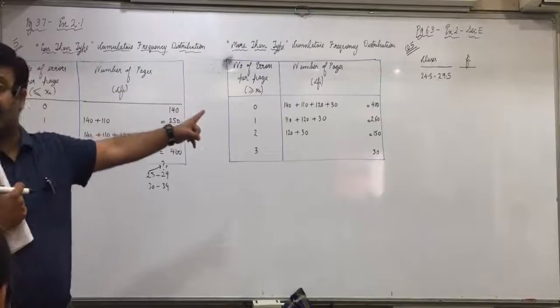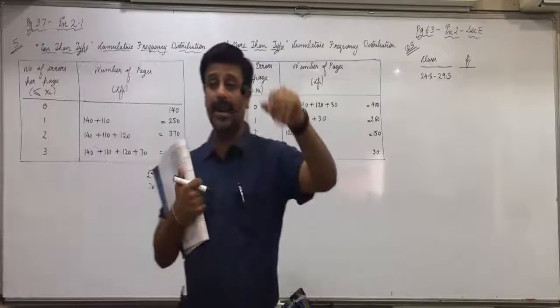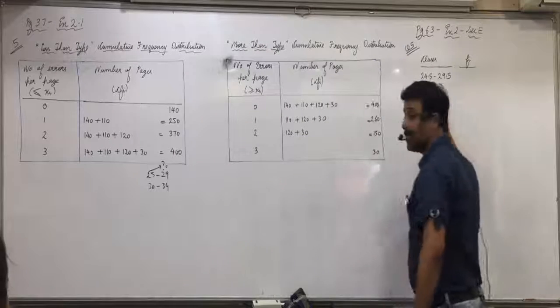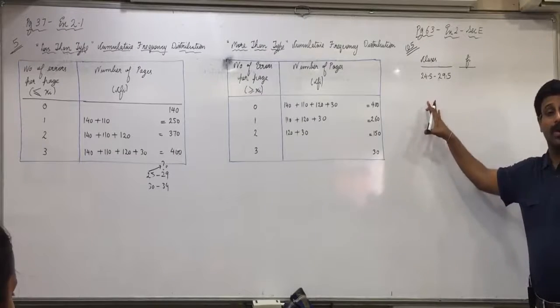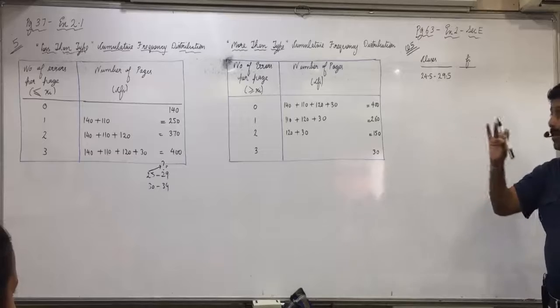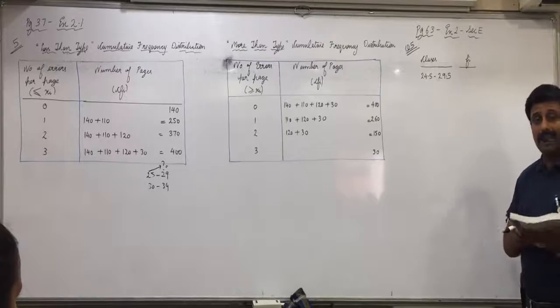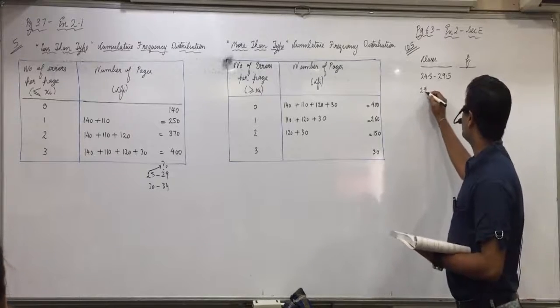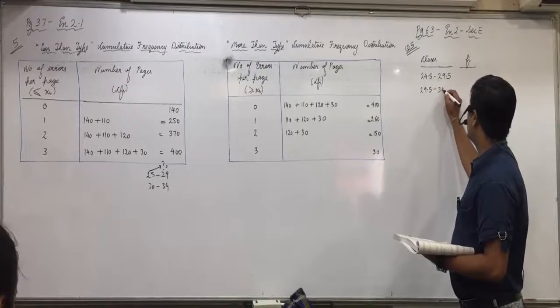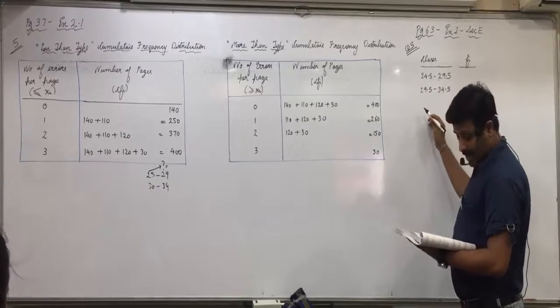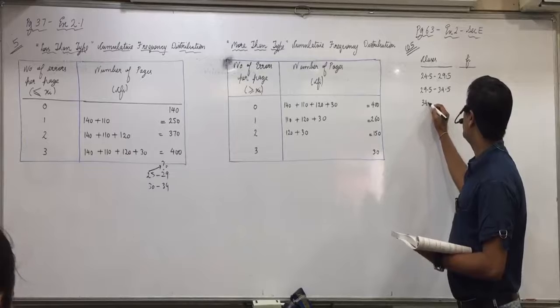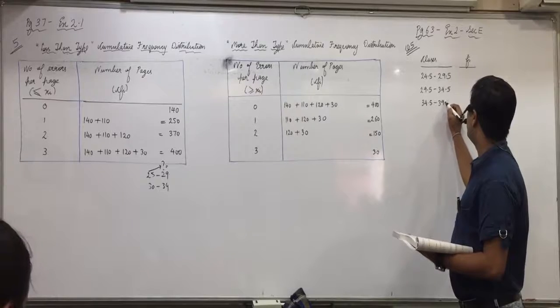So is everyone clear with this first class? Sit down. Anyone who is still not clear with this, raise your hand. All are clear with this? Now simply we have to write the others. What would be the next one in the continuation? 29.5 to 34.5. Then 34.5 to 39.5.